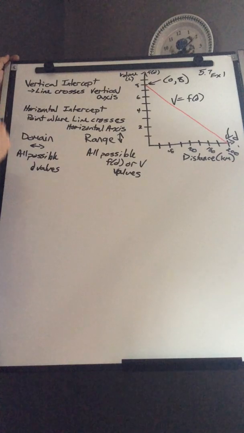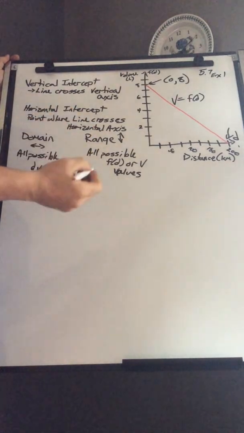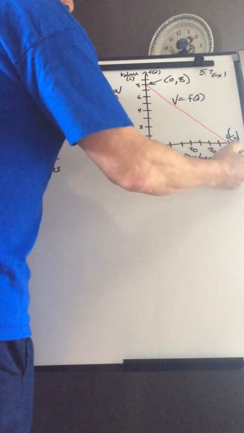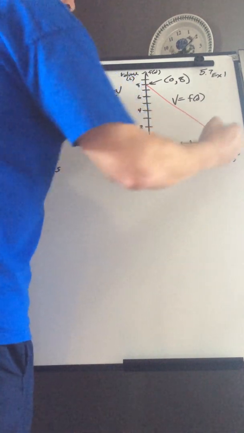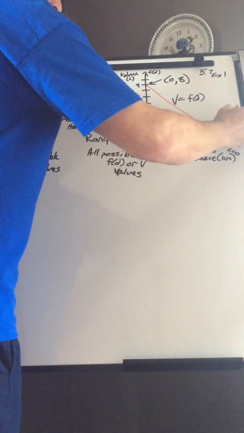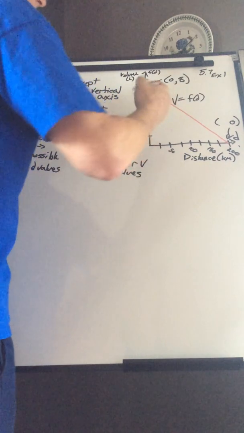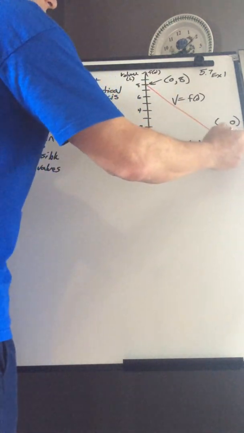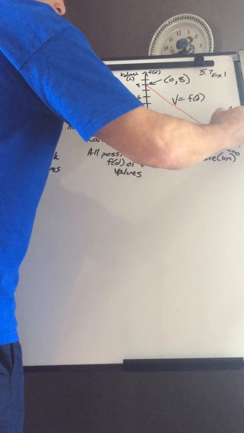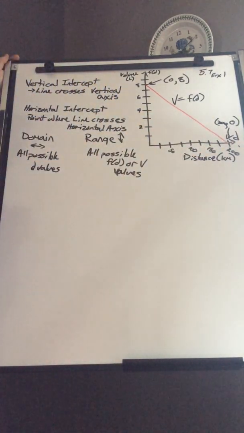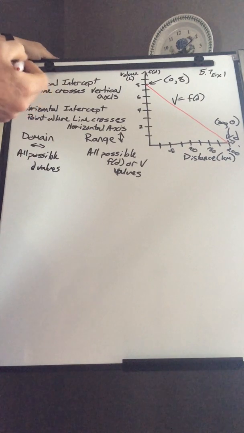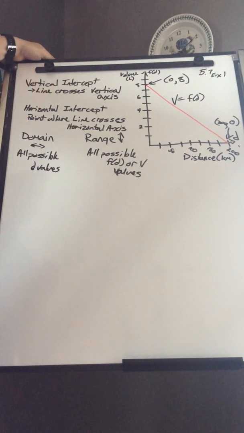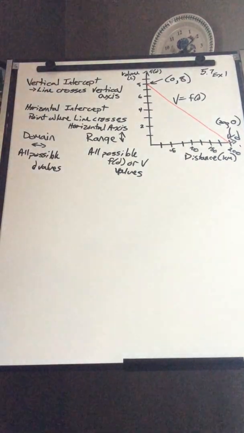That is my vertical intercept. Coordinates 0, 8. Now I switch them around down here. I know that y is going to be 0, or the vertical value, and the horizontal value is 200. So that's it. We now have our vertical intercept and our horizontal intercept written as ordered pairs. Pretty straightforward.